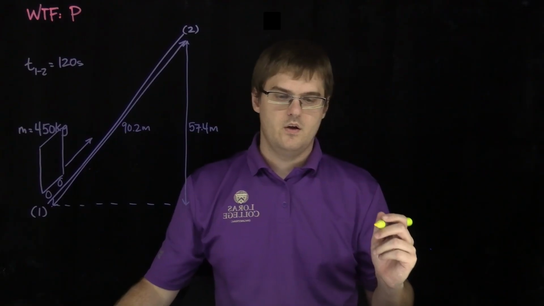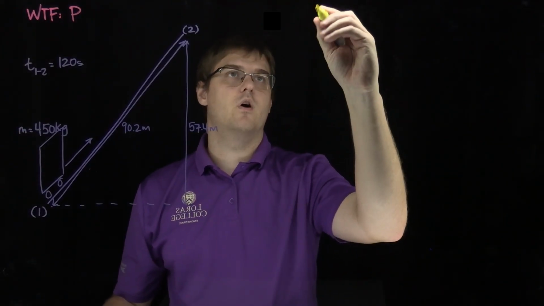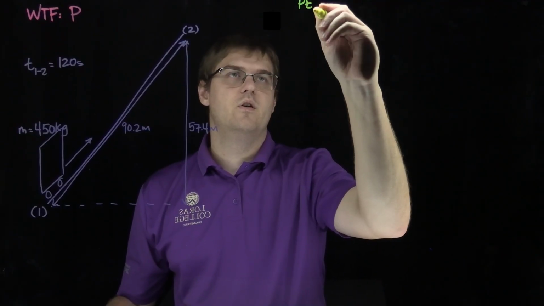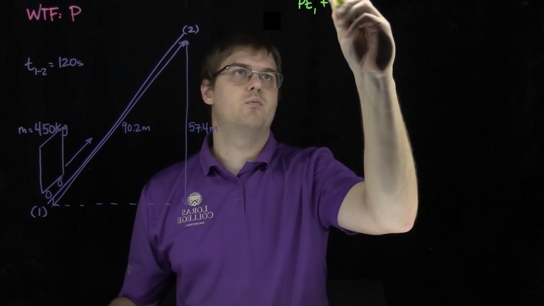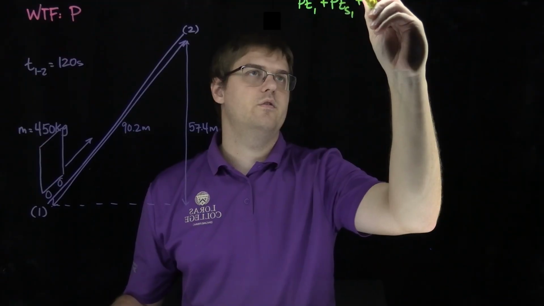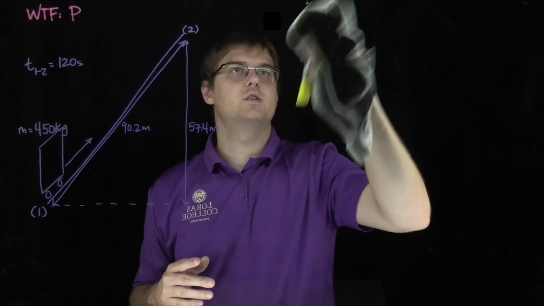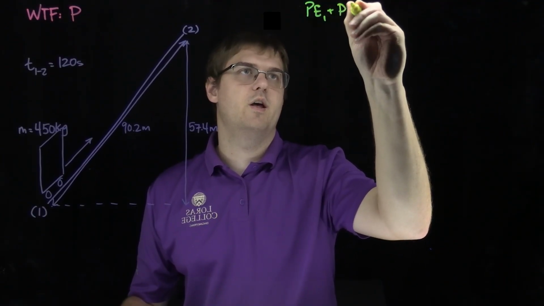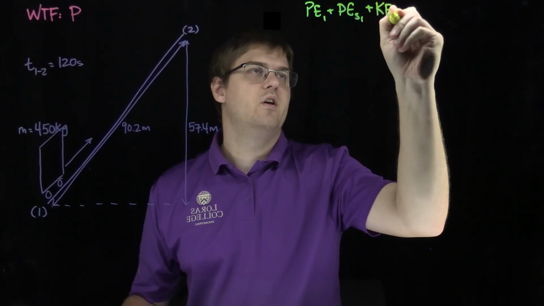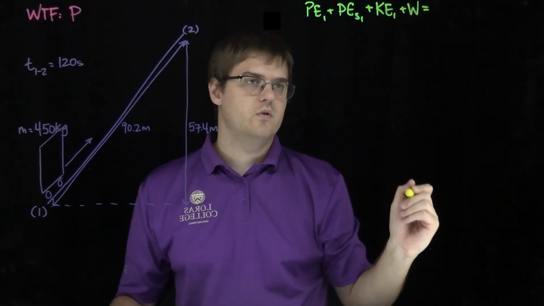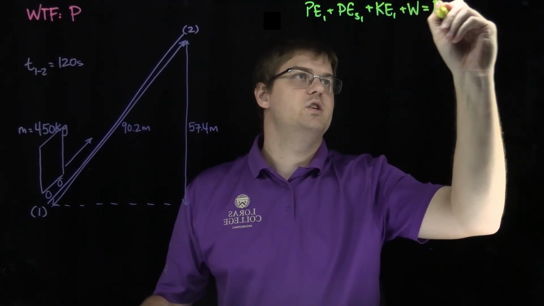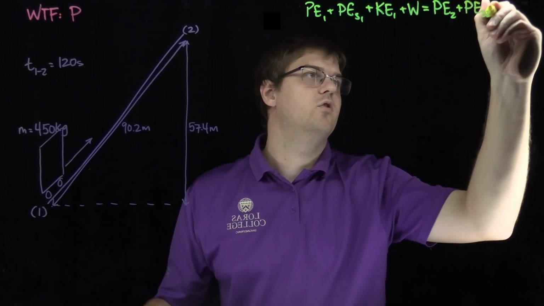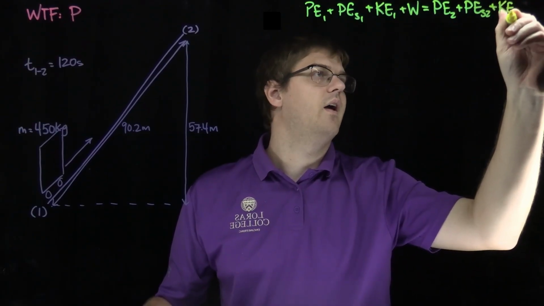We'll write out the full thing: my potential energy at 1 plus my spring potential energy at 1 plus my kinetic energy at 1 plus my work in is equal to my potential energy at 2 plus my spring potential energy at 2 plus my kinetic energy at 2.